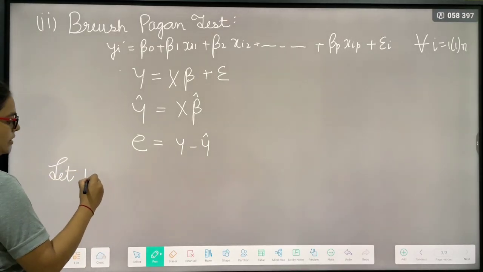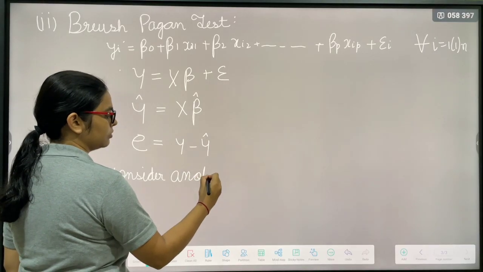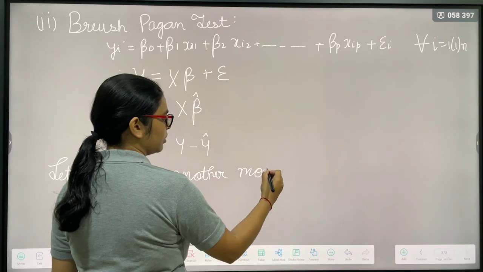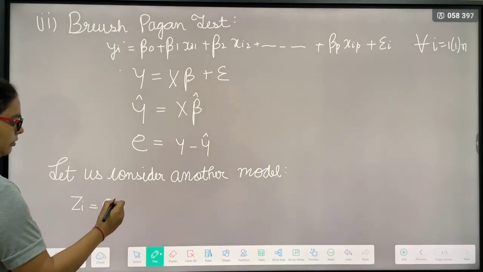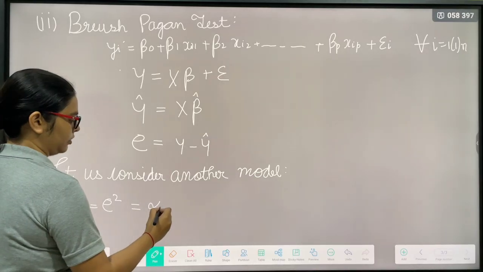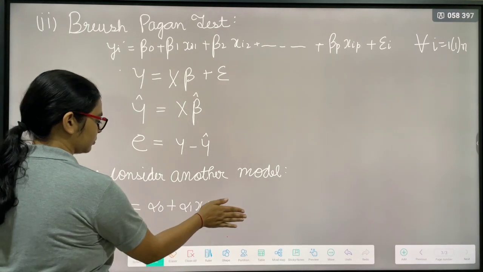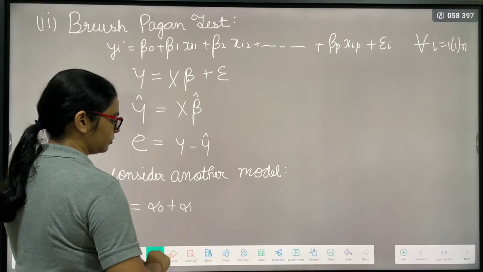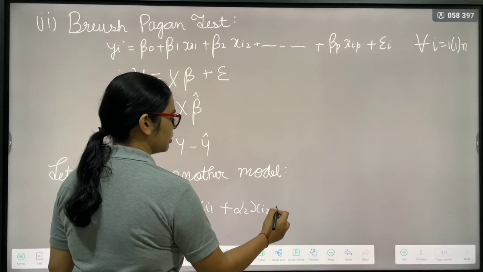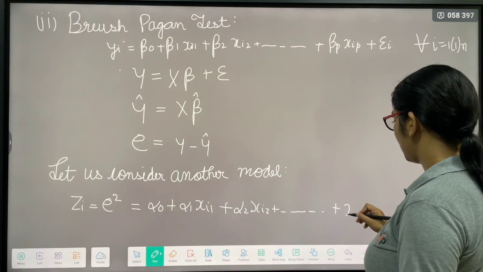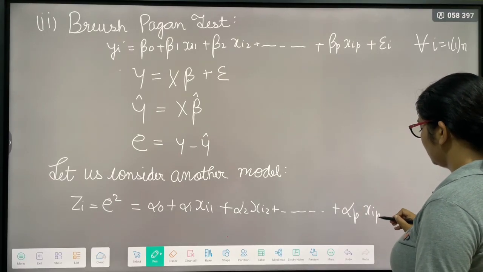Let us consider another model: z_i equals e squared, which is nothing but alpha naught plus alpha 1 x_i1 plus alpha 2 x_i2 plus up to alpha p x_ip plus mu_i.